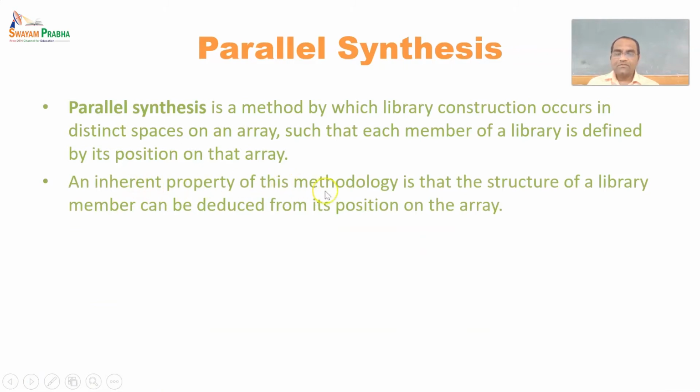An inherent property of this methodology is that the structure of a library member can be deduced from its position on the array. Both these concepts indicate that the structures can be easily identified by this method. How, we will see one by one.